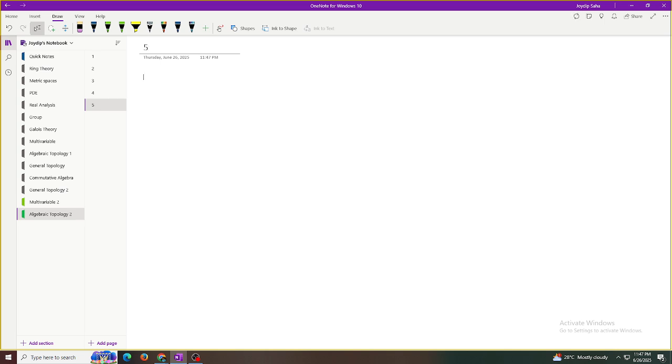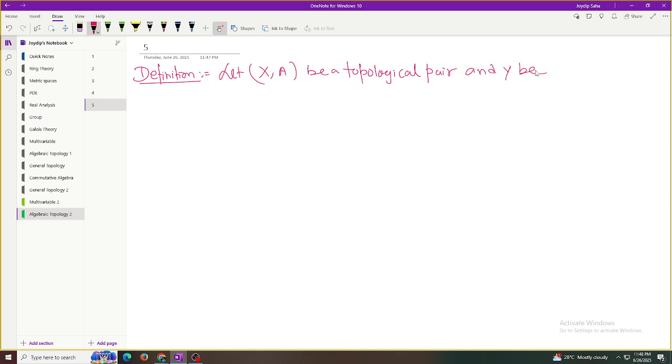5. Definition. Let (X, A) be a topological pair and Y be a topological space.